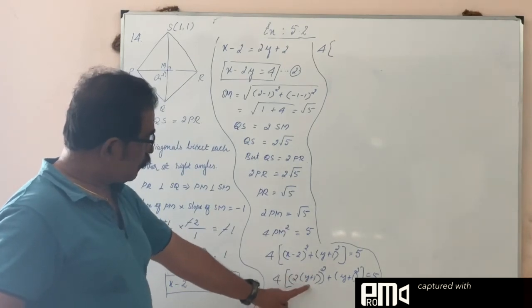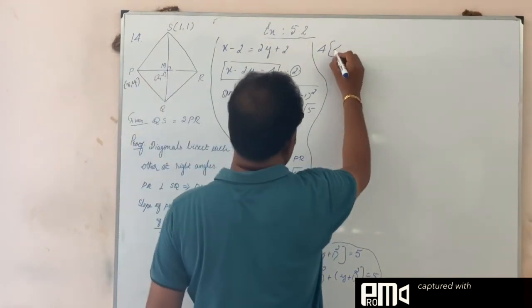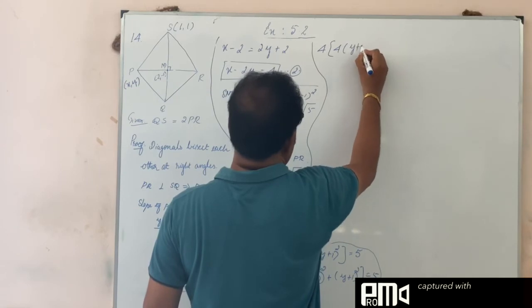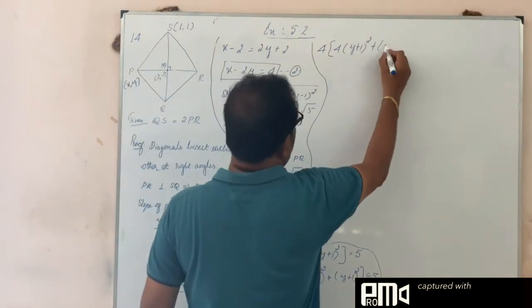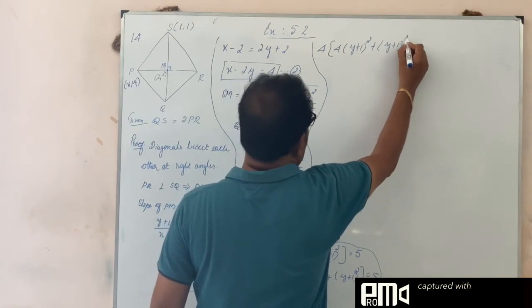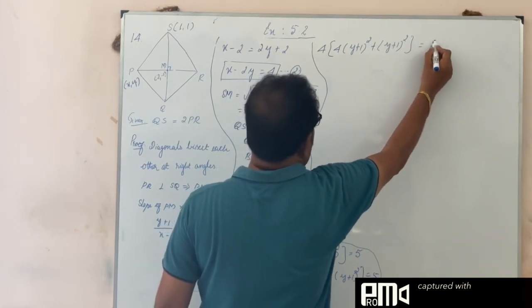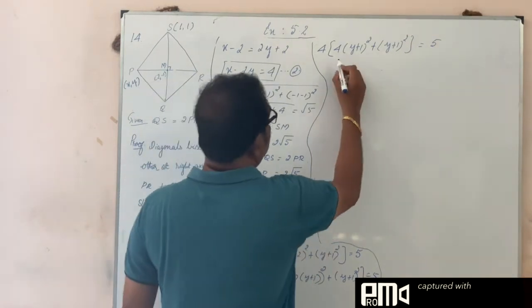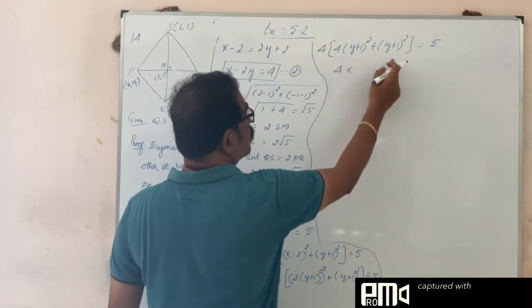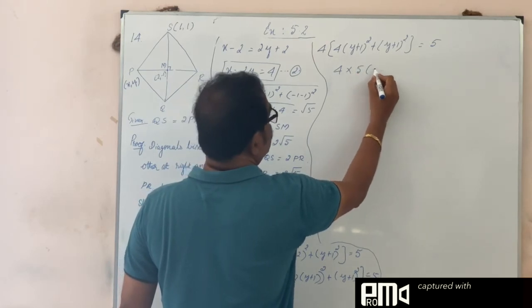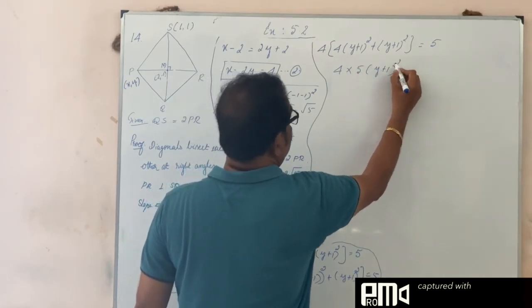So 2 square is 4, so 4 into (y plus 1) the whole square, plus another (y plus 1) the whole square. So 4 times 4 times (y plus 1) the whole square plus (y plus 1) the whole square, 5 times (y plus 1) the whole square.